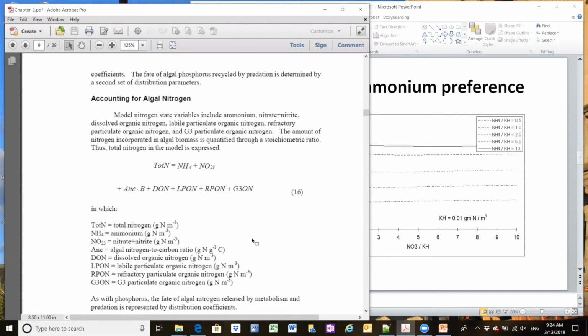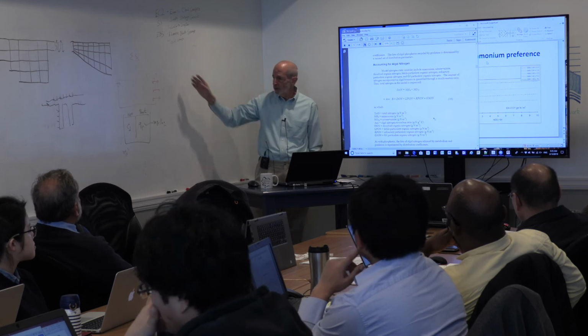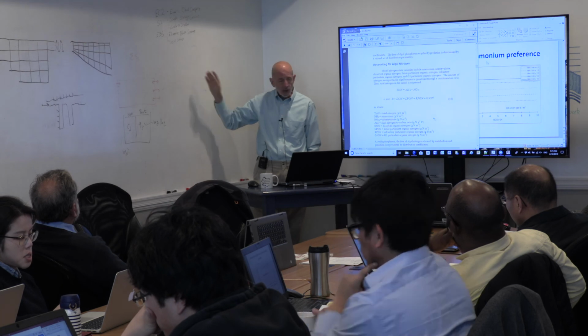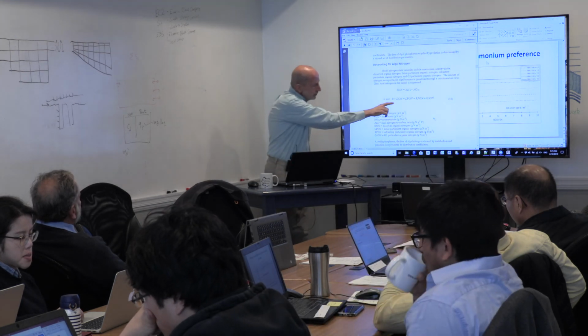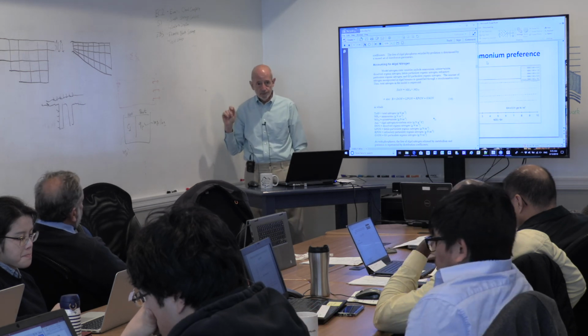Remember I told you when algae die, they don't go to heaven, they go to dissolved organic carbon. When the algae die, you have to account for that internal nitrogen content. So you not only have to route the algal biomass to the various carbon state variables, but you have to route this algal nitrogen to various nitrogen state variables.